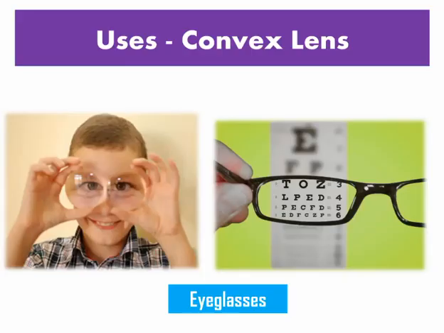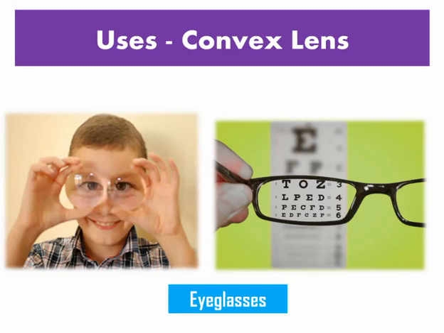The convex lens in eyeglasses. A person has a problem like farsightedness or nearsightedness as the eye lens fails to focus the light on the retina properly.